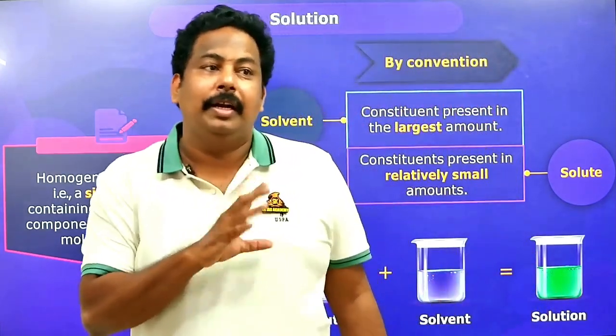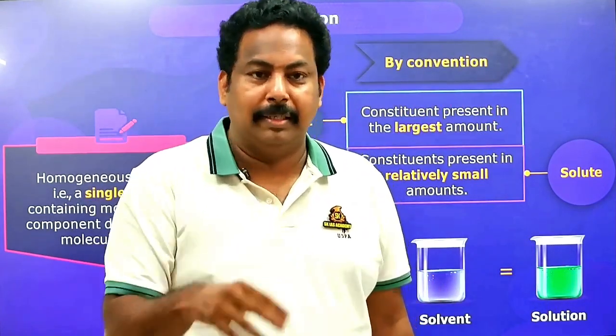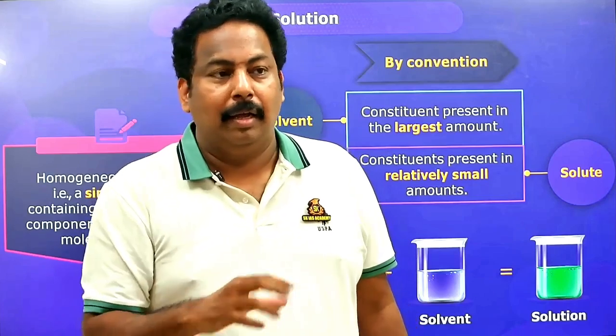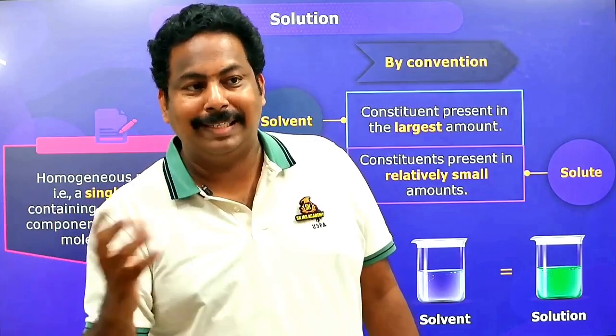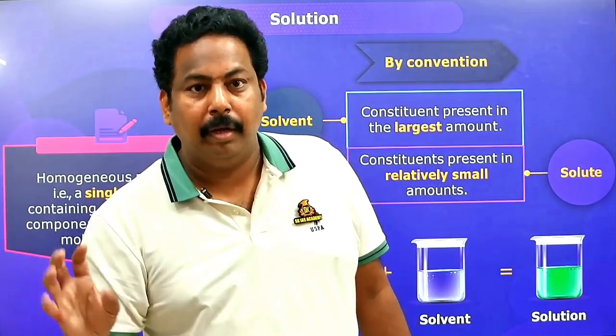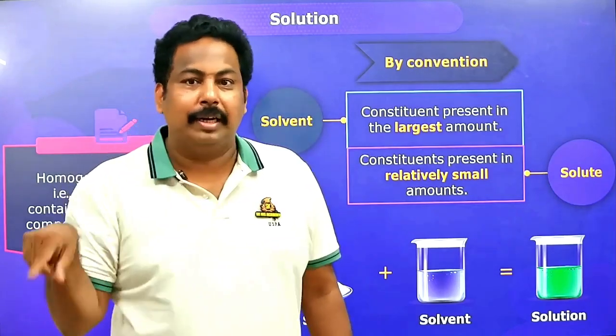If you have a solid solution, like brass, bronze, German silver, what is the state of the solvent? Solid. Phase of the solvent? Solid. You saw that NCERT diagram yesterday.